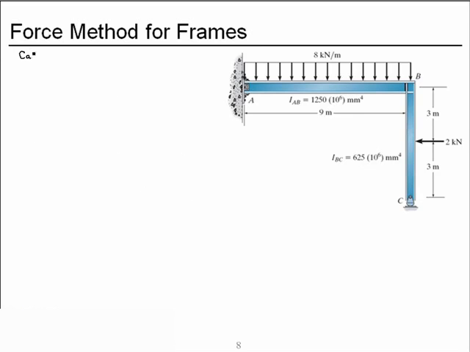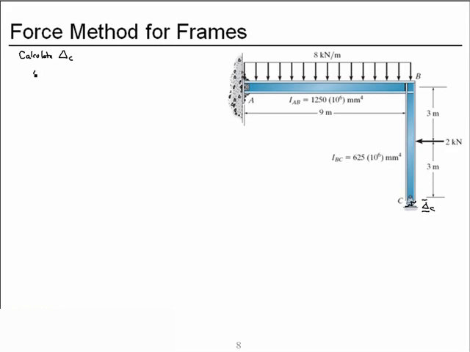So let's calculate delta C, which will be the vertical displacement of this frame without a rocker support, but with the uniform distributed load and the concentrated force.